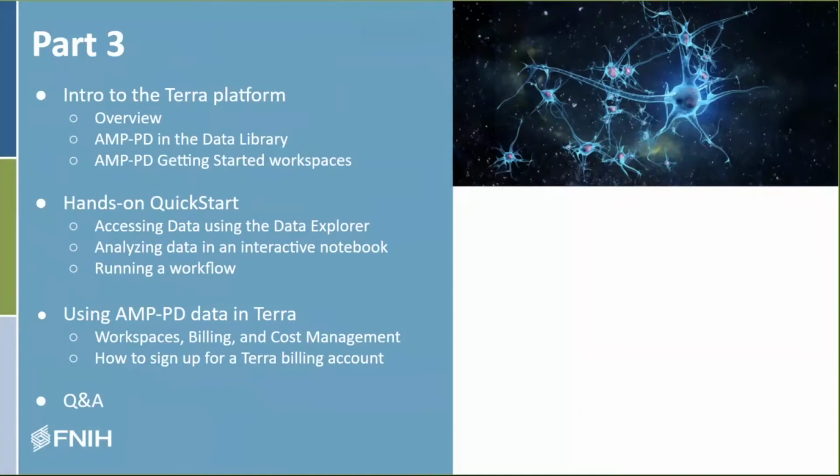Then we're going to take that data and put it into the workspace in an integrated data table, and we're going to analyze it in an interactive Jupyter notebook. And I'll show you how you can work with the data. And then the last hands-on part is to run a workflow or a pipeline on Terra. So I'll explain the vocabulary a little bit more.